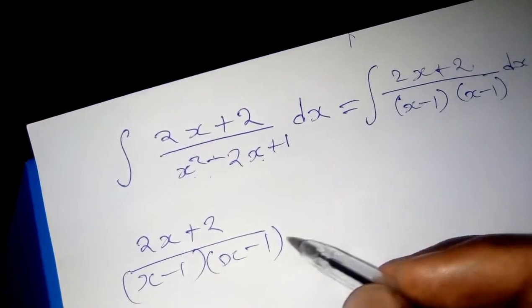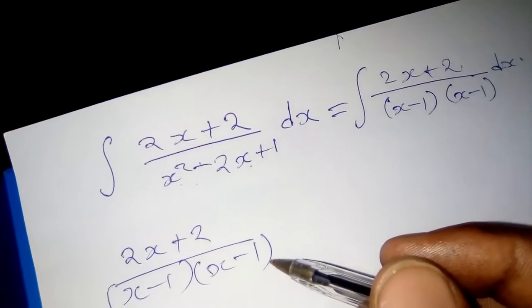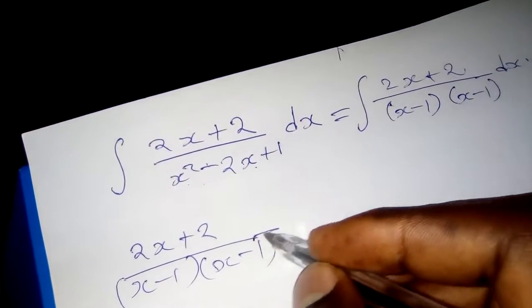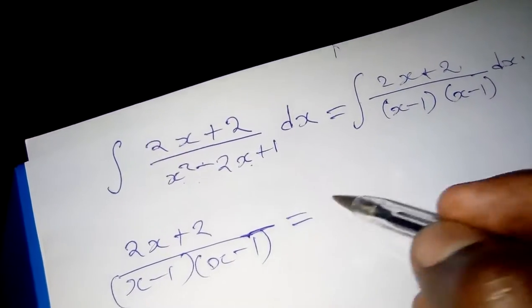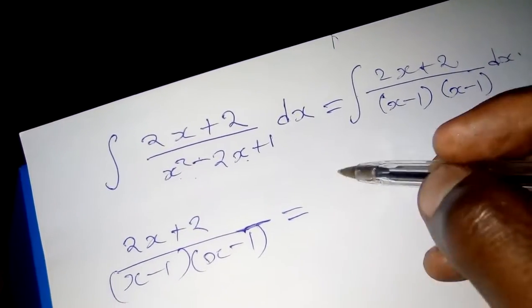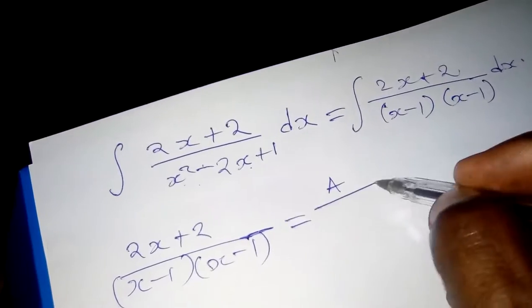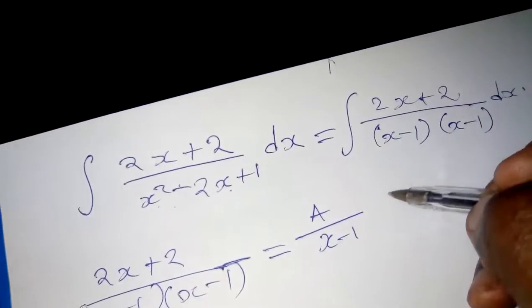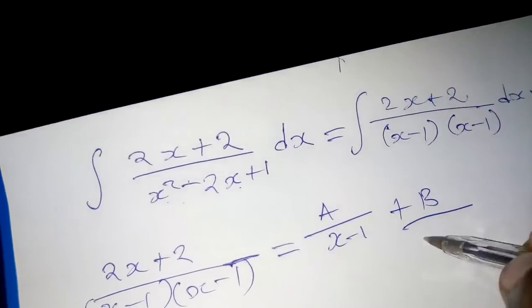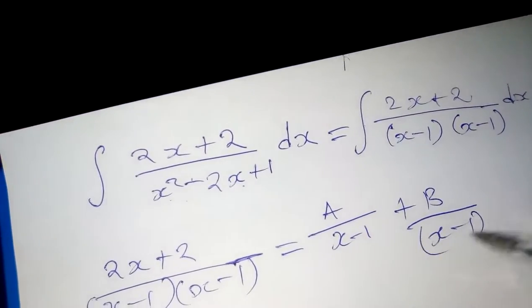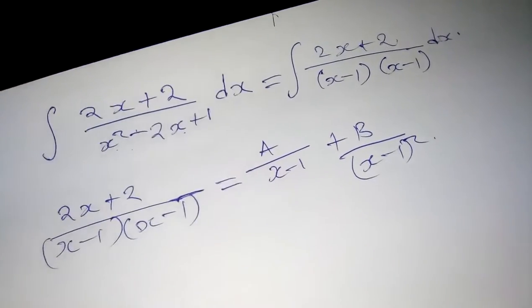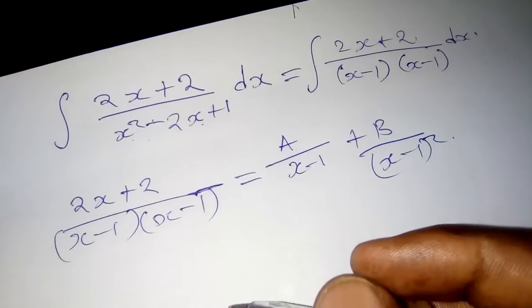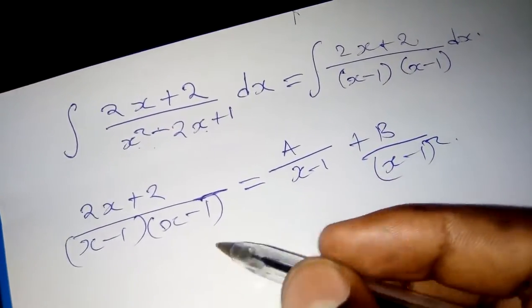So you can see that the denominator there has repeated factors. So we are going to have something like this: A over x minus 1 and then plus B over x minus 1 squared, since they are repeating. So it's just a matter of simplifying this.